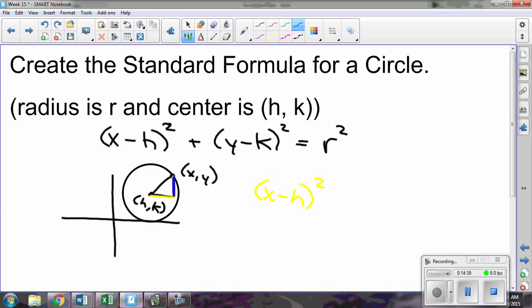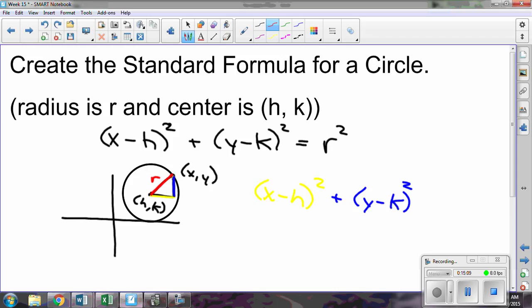This leg, as we saw with the distance formula, is y2 minus y1, squared. Leg squared plus leg squared equals hypotenuse squared. And for this particular drawing, the hypotenuse of this circle is just the radius.